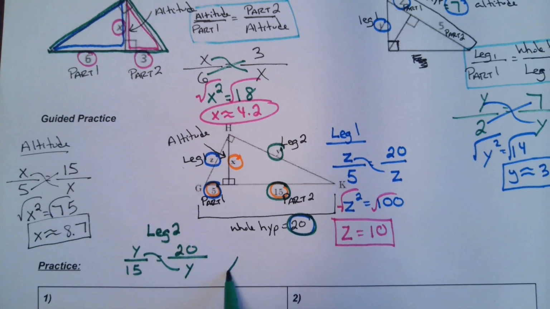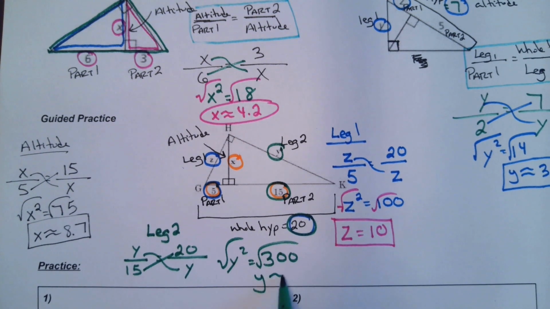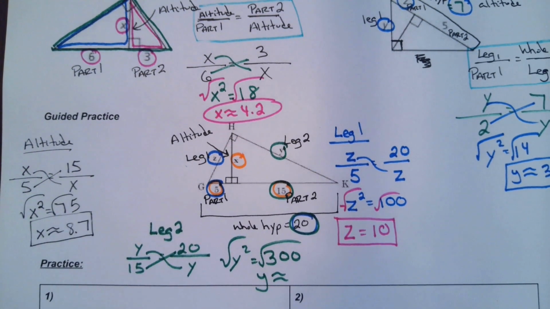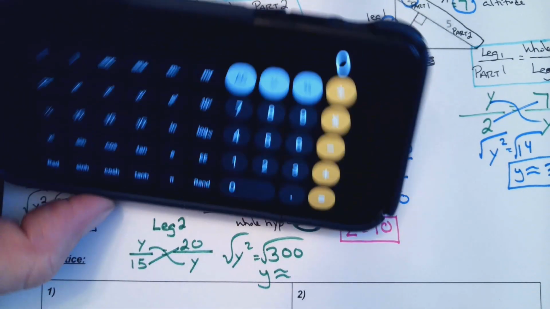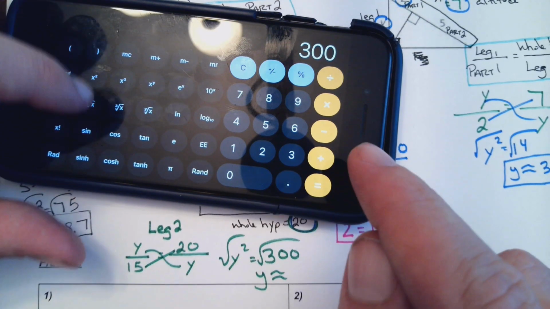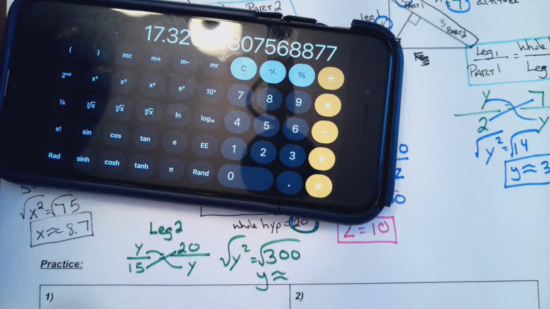Cross multiply, y squared, 20 times 15 is 300. And the square root, so y is going to be about, need a little help with this one. So 300, square root of 300 is 17.3.